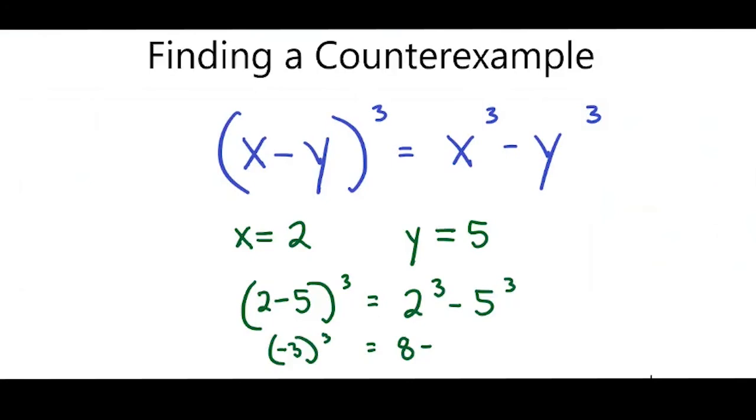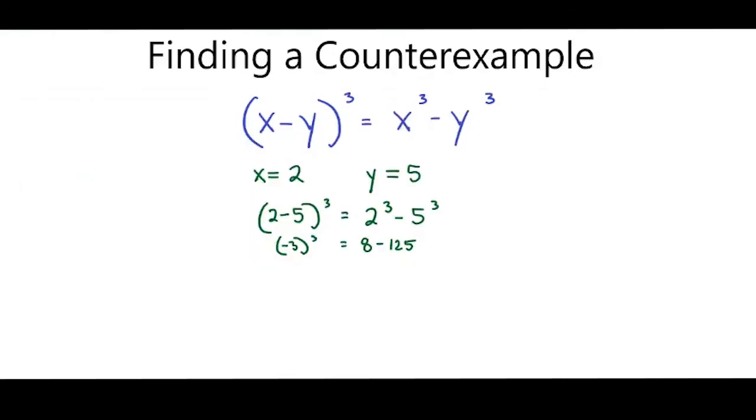This is a great opportunity to use a calculator. So 5 times 5 times 5 is 125. So negative 3 cubed is negative 3 times negative 3 times negative 3, equals, well, 8 minus 125 is negative 117.